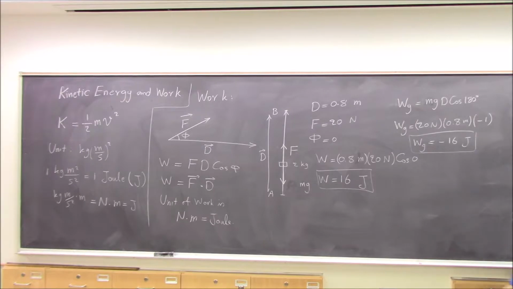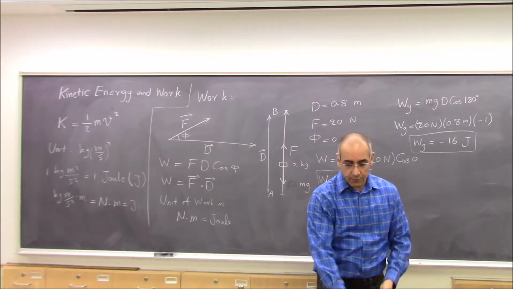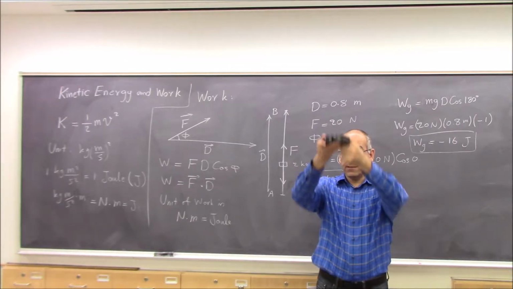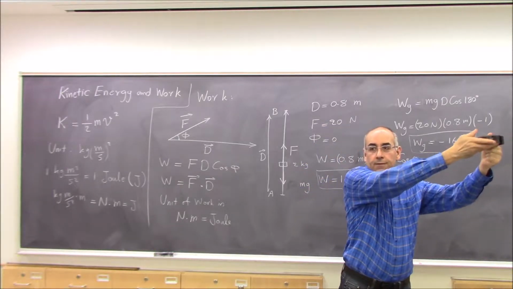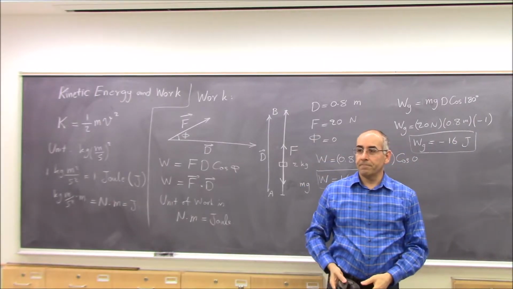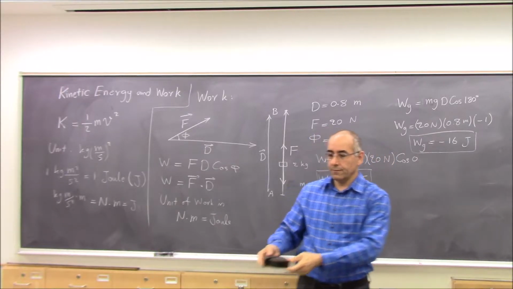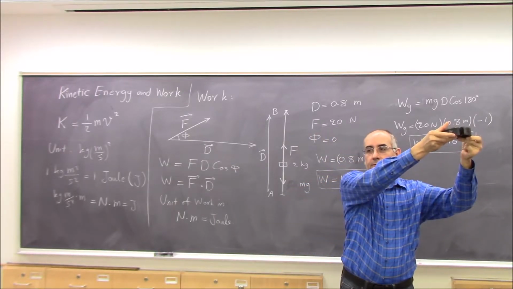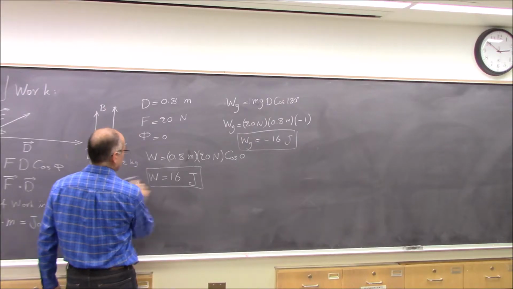All right? What if now I move this object, instead of going straight up 80 centimeters, I go like that: 80 centimeters up and a meter this way, at an angle. How much work do I do in this case?